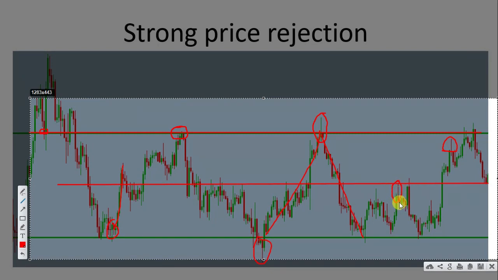But actually, see, if you place any trade here, you will get confirmation after the rejection candle, after a strong price rejection. So after this, maybe you place a trade here, and where you put a sell, maybe here it's actually caught.